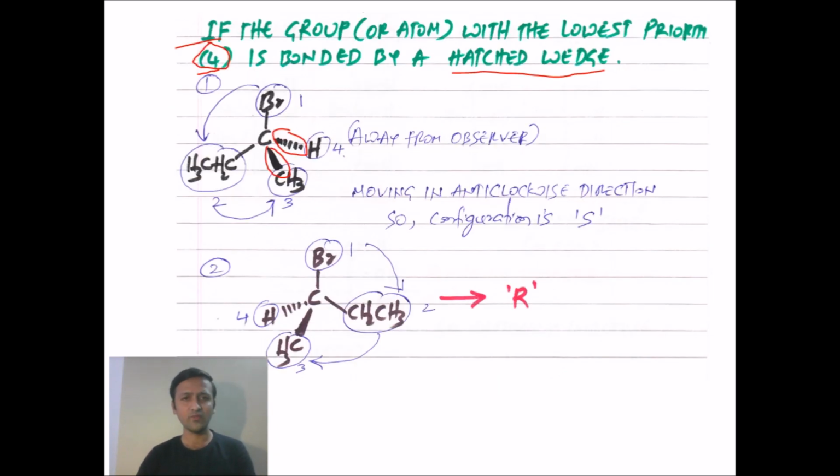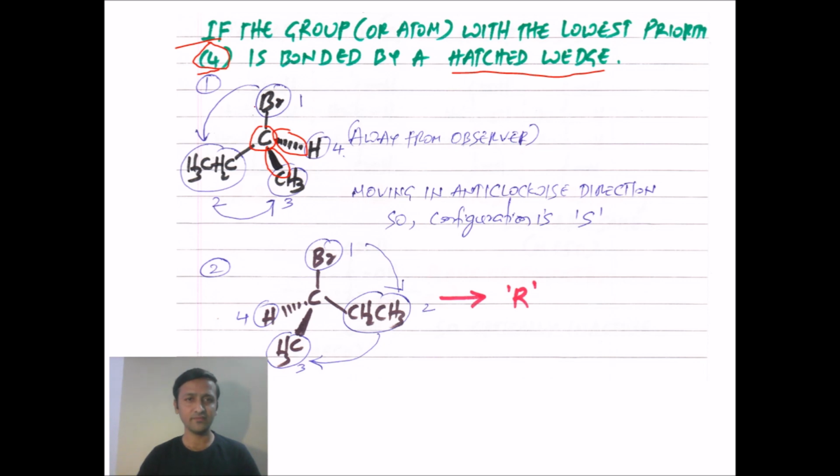The least priority group is already pointing away, so there is no need to change anything here. The first step now is to assign the priorities. This is a chiral carbon atom, and you can see the groups attached.